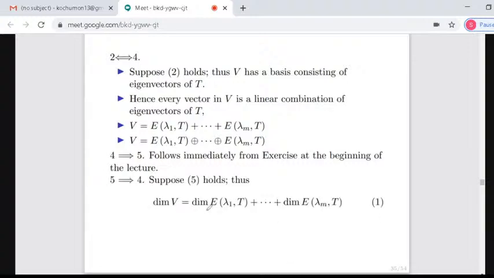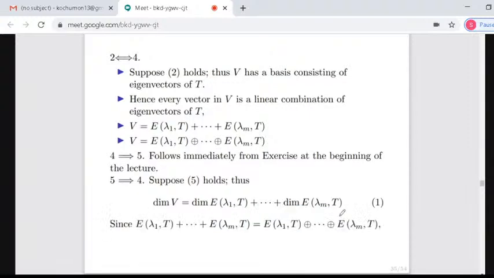Dimension of V is given to be dimension of E lambda 1 T plus etc. plus dimension of E lambda M T. Then we already know that the sum of eigenspaces is actually a direct sum. Again, because of that, we complete the proof. We show that V is a direct sum of eigenspaces of distinct eigenvalues. From the 5, that also follows. This follows because of this and this.